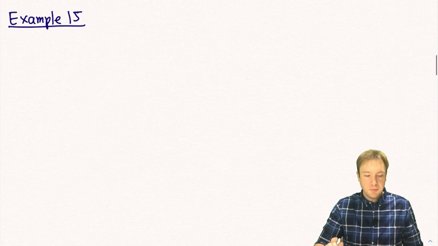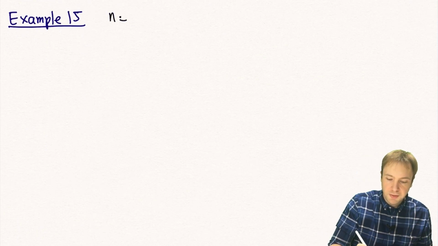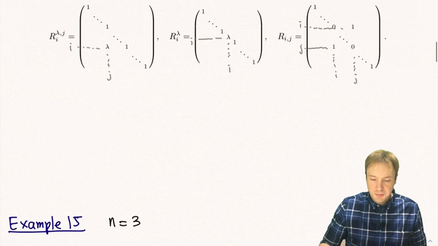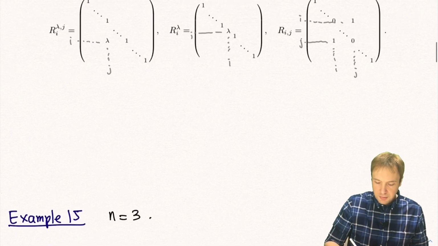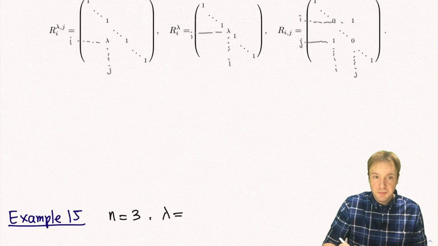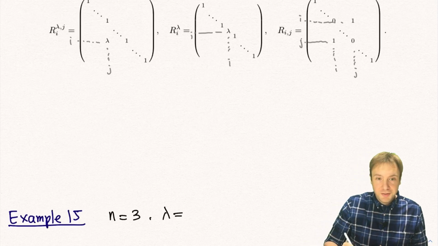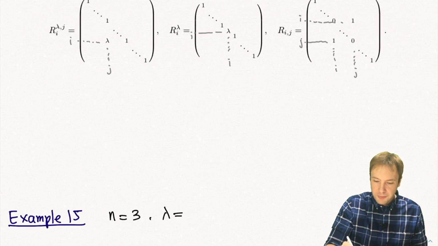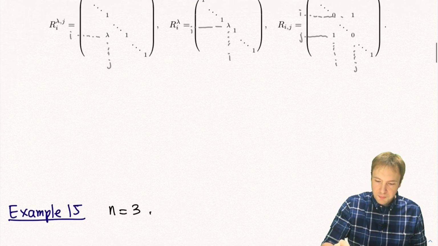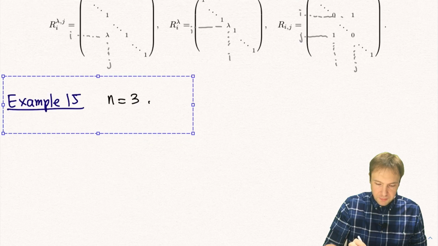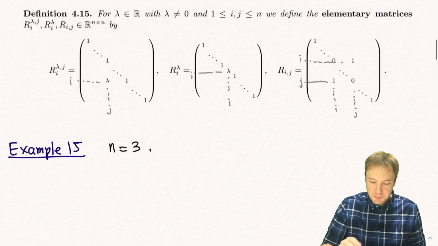So for example, in the case n equals 3, and maybe for arbitrary lambda, let's put this here to see these matrices.